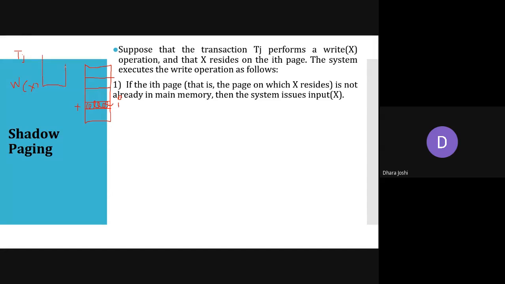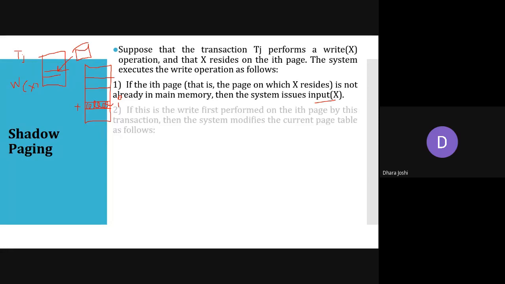We know that between main memory and disk, we have input and output operations. So we use input so that the data will be in main memory while the processing can happen. We issue the operation input X to bring that data item into main memory.